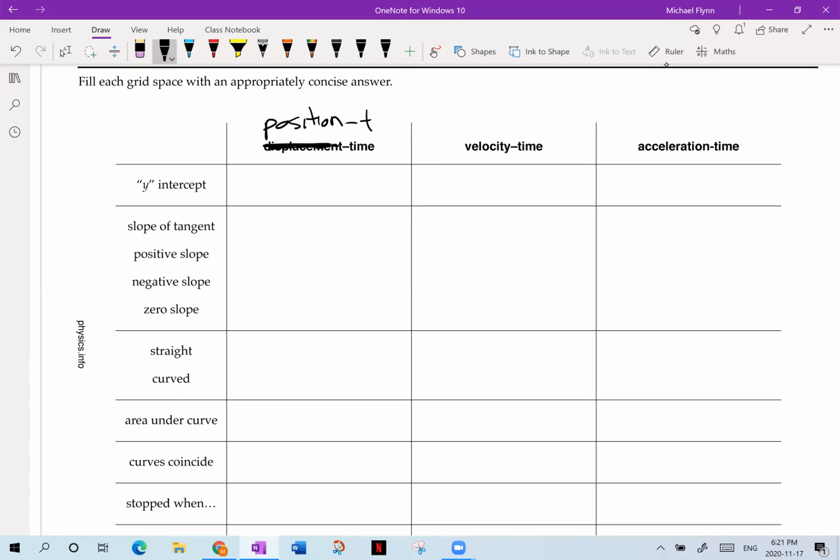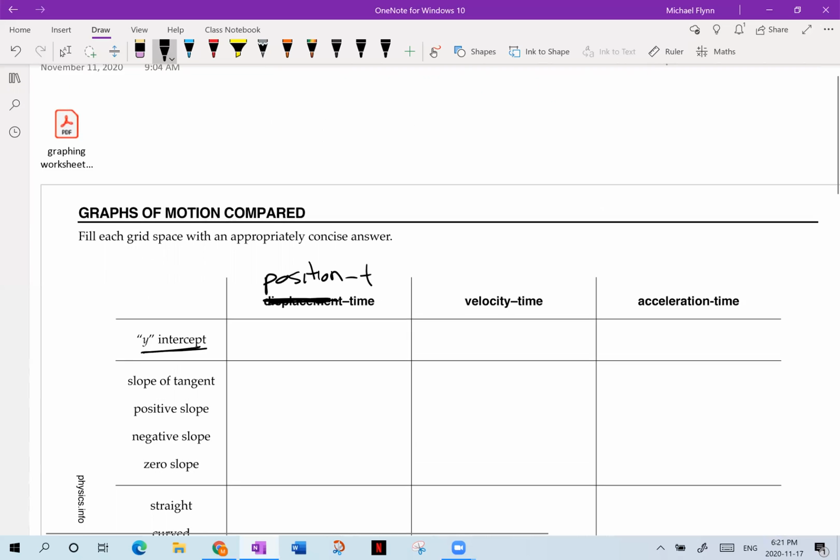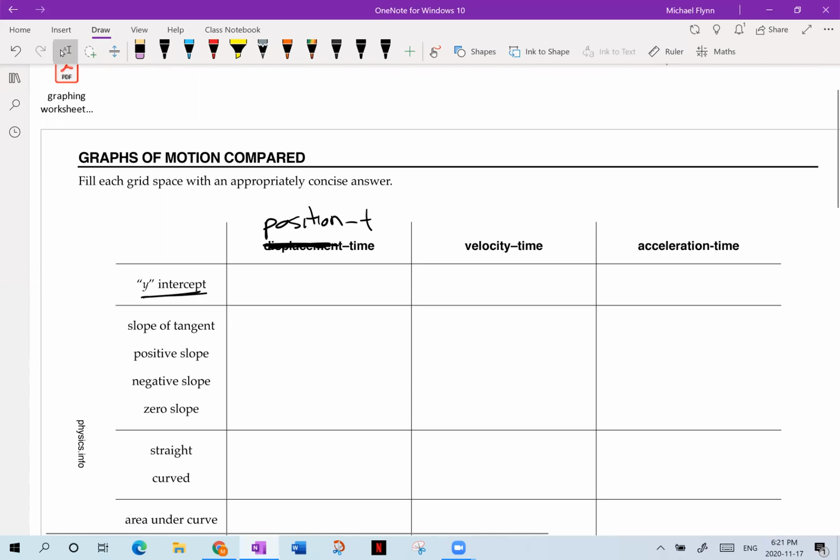Anyway, on a position time graph, what's the y-intercept mean? Now, y-intercept is where the line touches the y-axis. The y-axis on a position time graph is position, actually. And the y-intercept would represent the initial position.